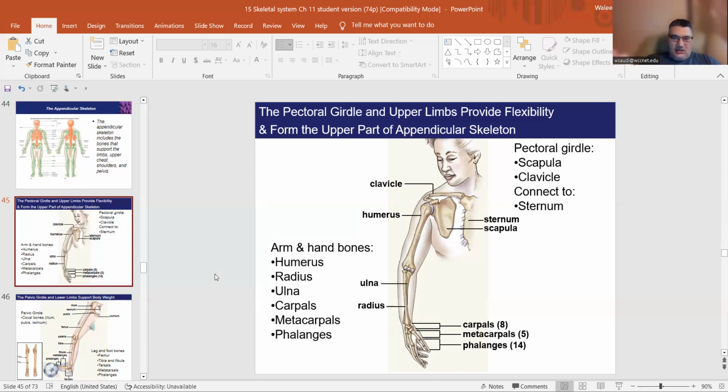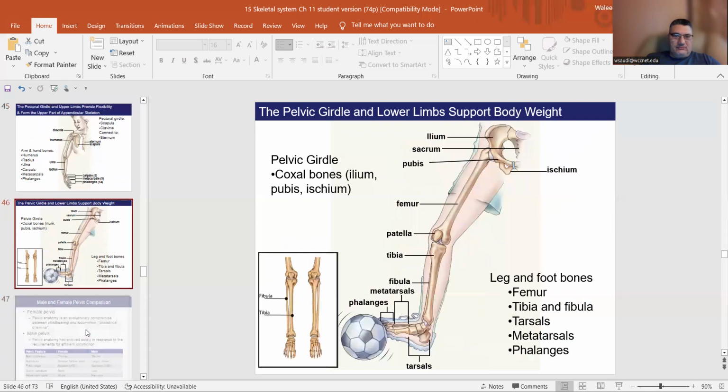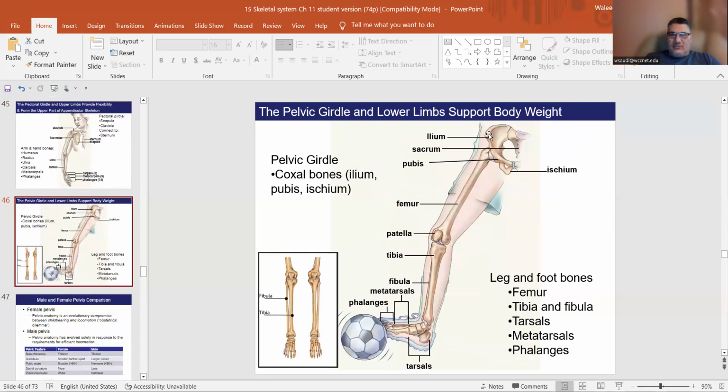Radius toward your thumb. Ulna toward your little finger. Carpal, wrist, bones: you have 8 bones inside your wrist. And then these bones here are called metacarpals, and these are the phalangeal bones. How about the lower limb? This bone here is the hip bone called the ilium.